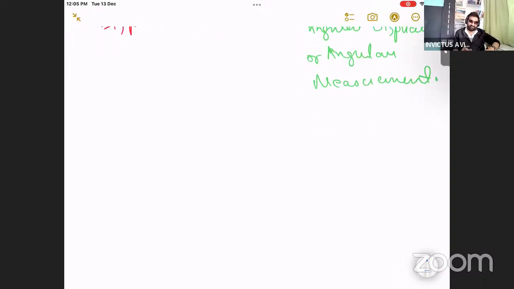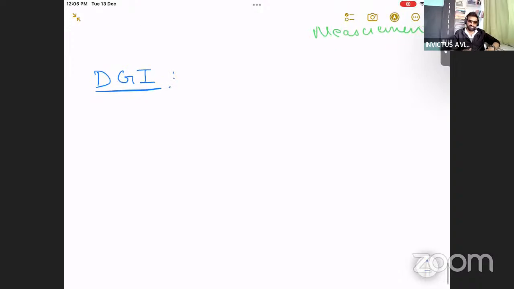Okay. DGI, directional gyro indicator. So artificial horizon or attitude indicator is a vertical gyro, earth gyro, vertical axis earth gyro. Why are we calling it earth gyro? It will come to you later, not now. But remember those keywords.